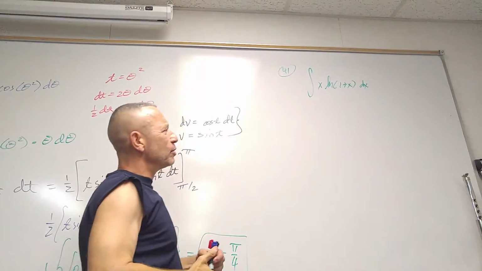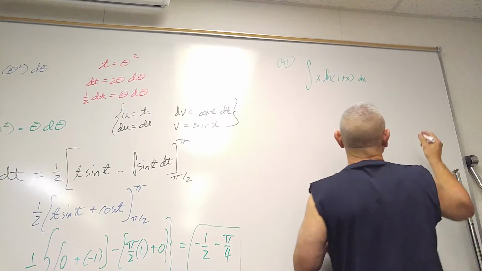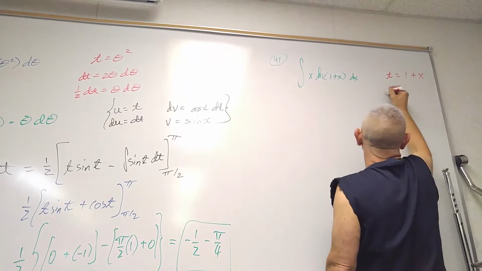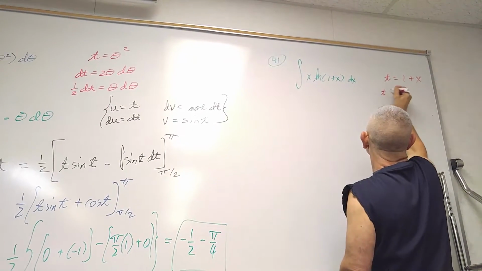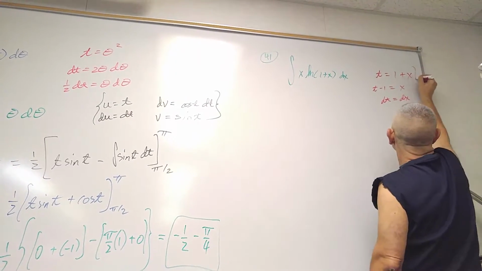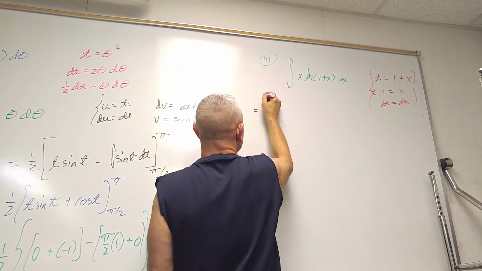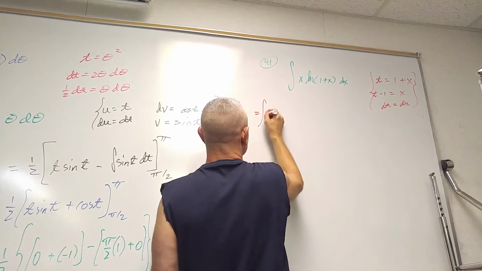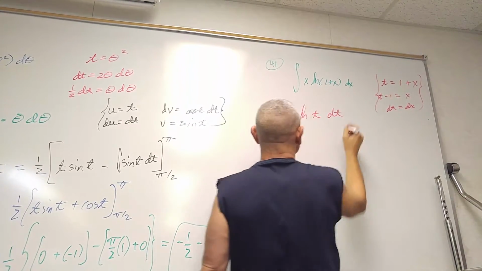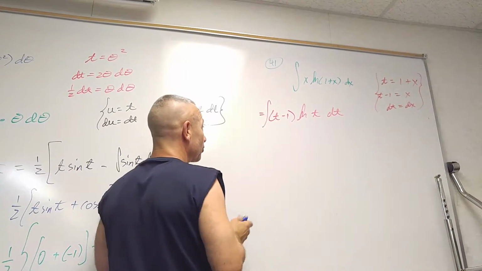I don't know if we really have to do this substitution, but since they're recommending it, I think it would be a good idea to try. If we do this, notice that t minus 1 is x, dt and dx are equal. And the reason I wrote t minus 1 in place of x is that I need to substitute for x. So t minus 1 ln t dt. And I guess that becomes a little bit more straightforward now.